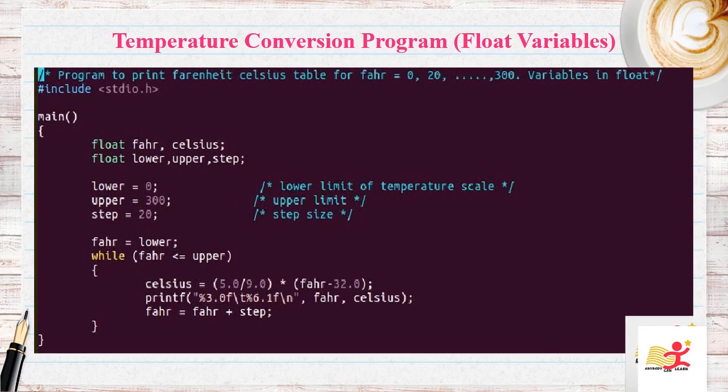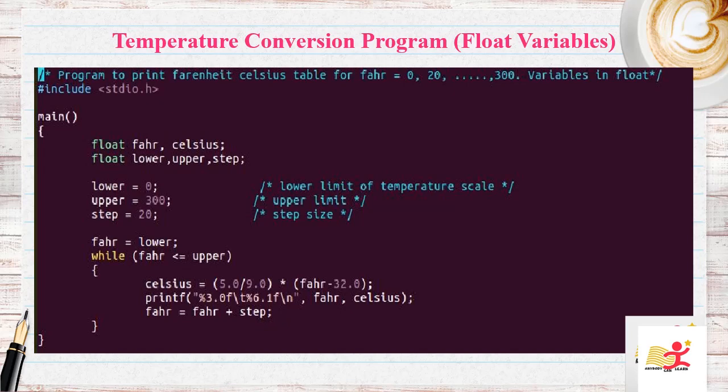In the program which we have seen, we have used integer variables. So the results will not be that accurate. You have to use floating point arithmetic instead of integer. So in order to use float variables, there are little changes to be made. The program is same as before, except that Fahr and Celsius are declared to be float.